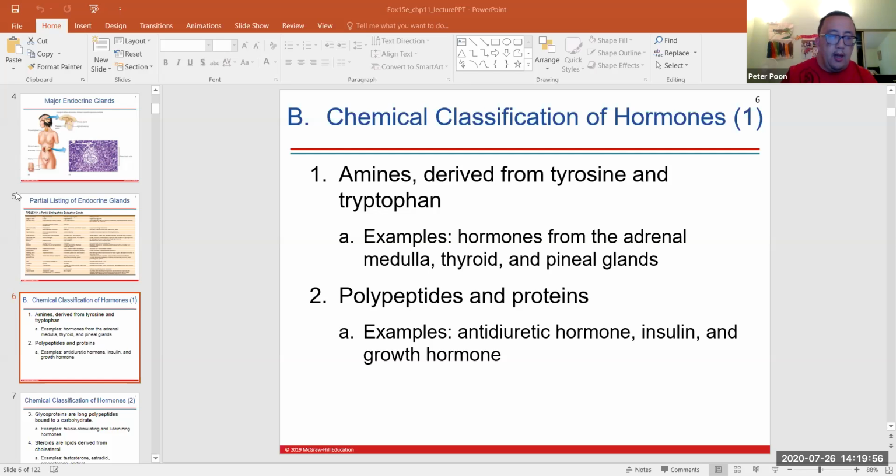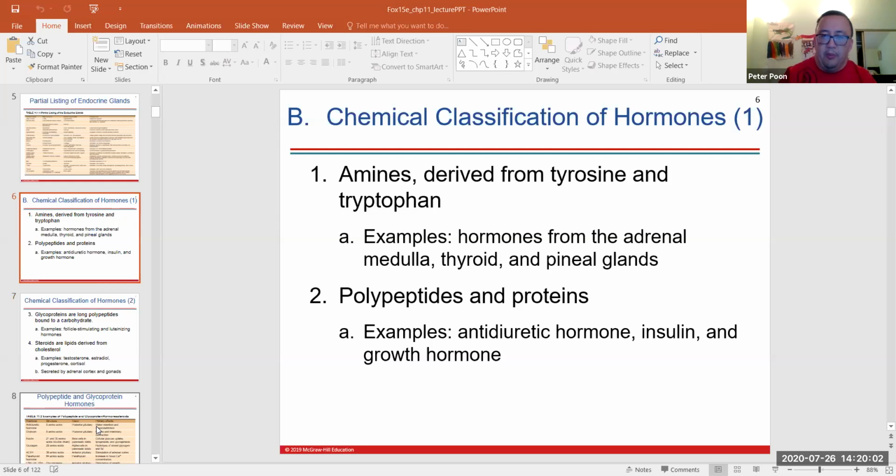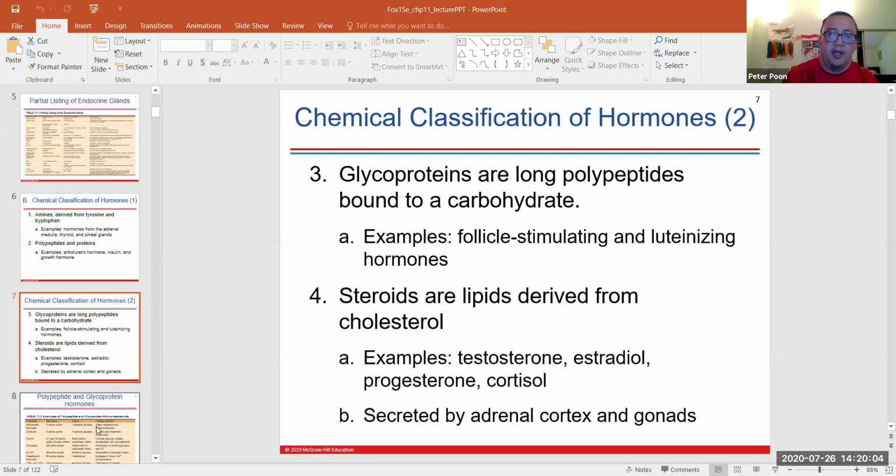Okay, and then usually glycoproteins are lumped together with polypeptides and proteins, but FSH and LH are glycoproteins. And the last group are steroids that are derived from cholesterol. So testosterone, estrogen, estradiol is the most common form of estrogen, progesterone, cortisol.